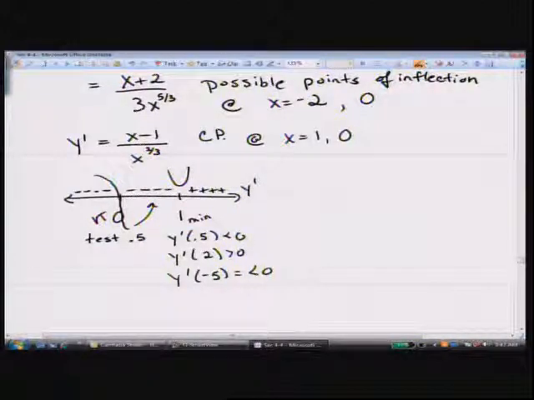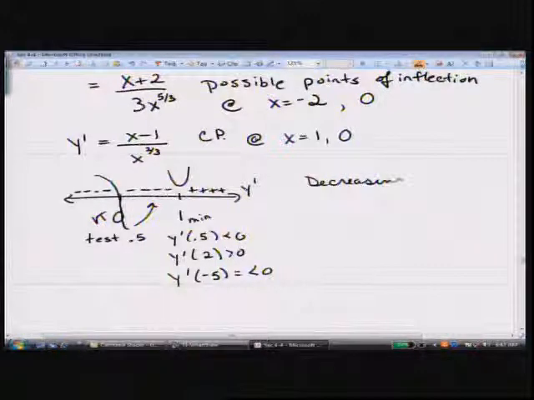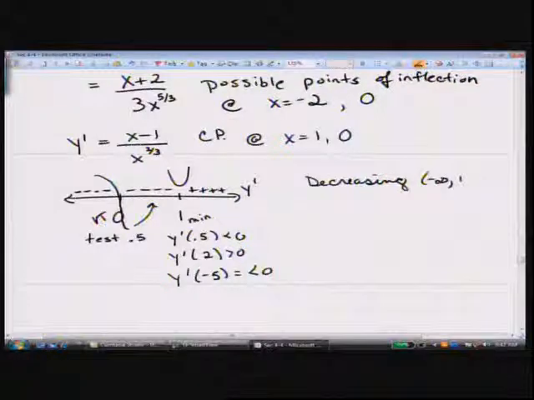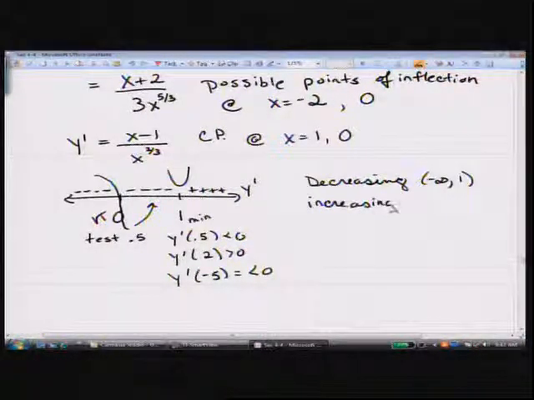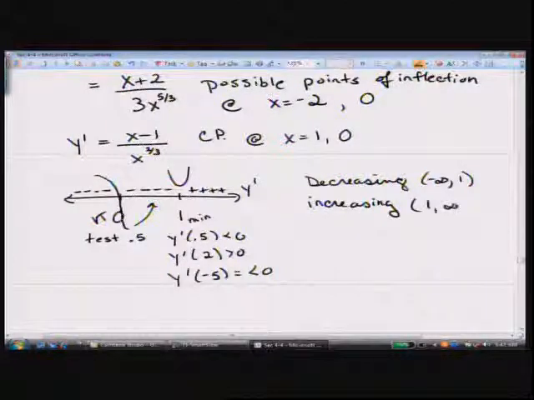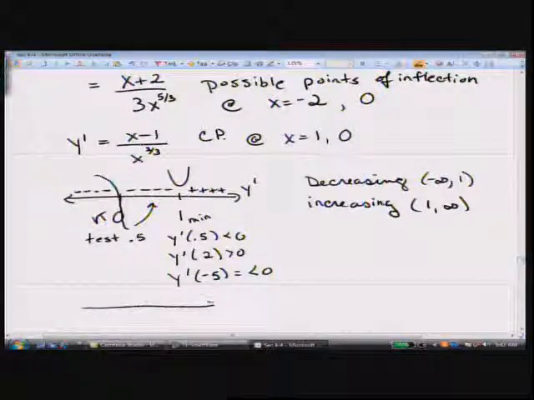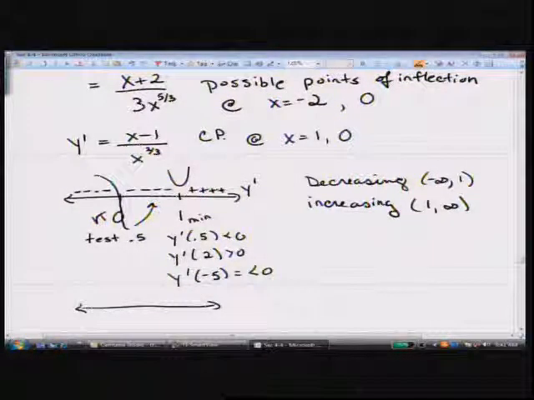Okay, and so we know that we are decreasing from negative infinity to 1, and we are increasing from 1 to infinity. And let's look at our second derivative. So our second derivative, we had possible points of inflection at negative 2 and at 0.